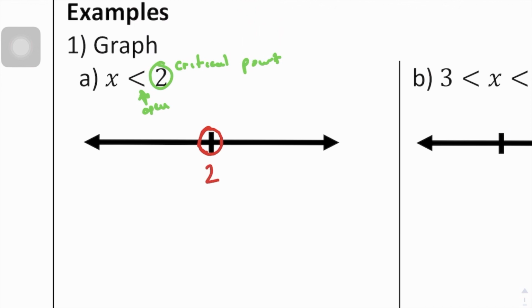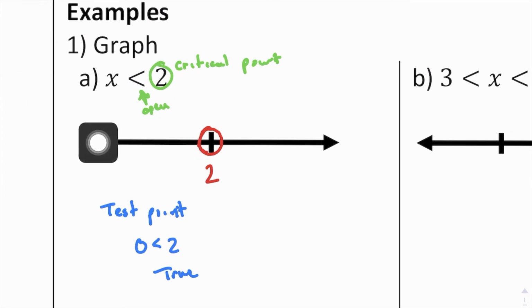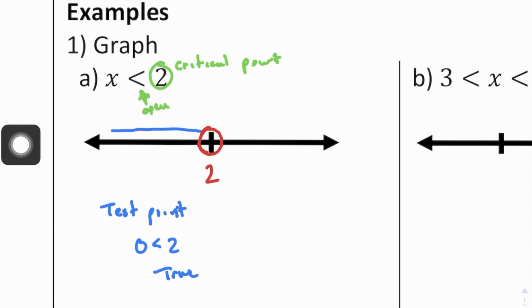Now I want to choose either a point less than 2 or greater than 2 as a test point and check it out. Now 0 isn't a critical point, so I recommend 0, it's usually pretty good. So 0, is that less than 2? That is true. So 0 is somewhere to the left, so that's the side I'm going to shade.